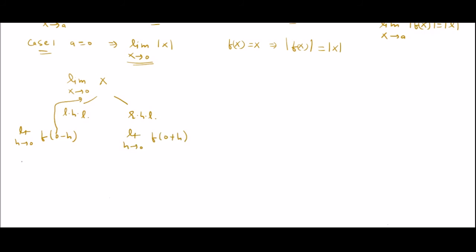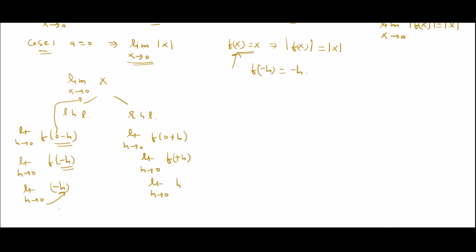Okay, so we will get the limit as h tends to 0 of 0 minus h. If it is 0 minus h, we can write f(minus h), and here also we can write f(plus h). Fine. And minus h instead of x will imply f(minus h) as minus h, so we can write the limit as h tends to 0 of minus h, and here the limit as h tends to 0 of plus h. So h tends to 0 and here h is also tending to 0, so 0 equals 0.